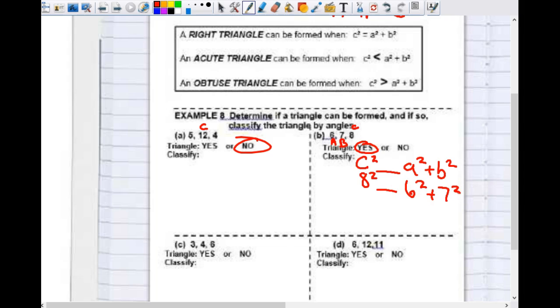We have 64 blank 36 plus 49. Add these two together and we get 85. Which way does the alligator mouth go? So 64 is less than 85. When it's less than, it's an acute triangle.